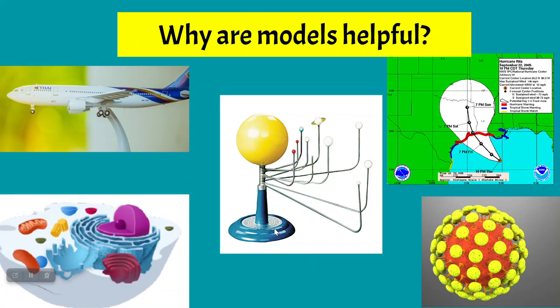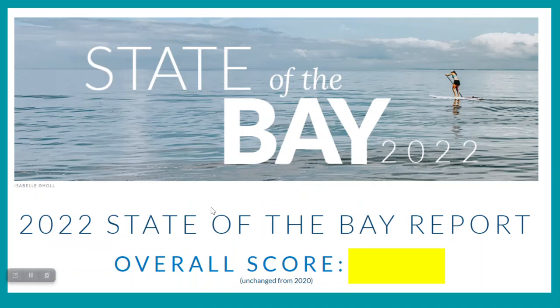All right, so here's a reminder. You've seen this picture before of different models. We use models as scientists to make sure that we understand. They represent a bigger concept, but it's easier for us to deal with because it's smaller. So our models that we are working on are model ecosystems, those fish tanks that we have.